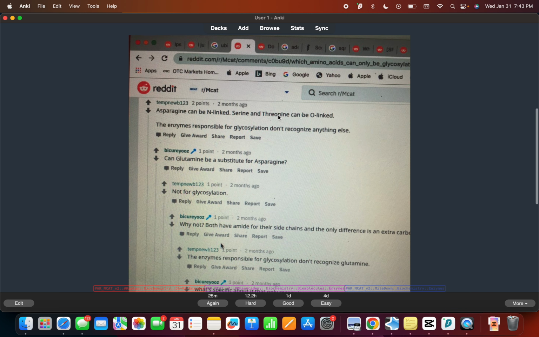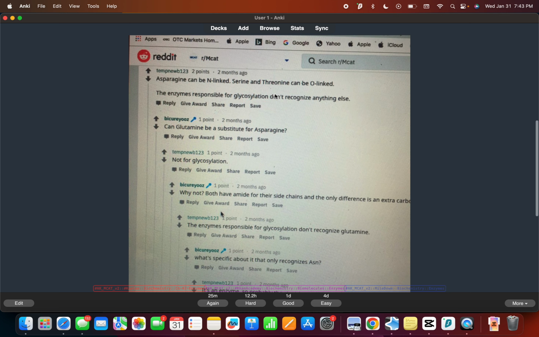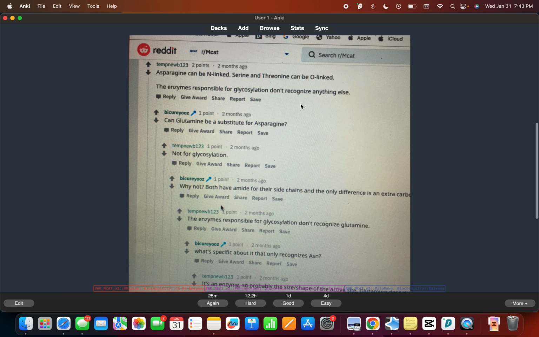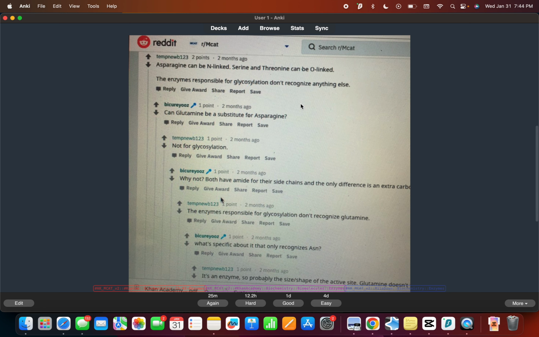We also have this for sugars. Asparagine can be N-linked, serine and threonine can be O-linked. The enzymes responsible for glycosylation don't recognize anything else. Can glutamine be a substitute for asparagine? Not for glycosylation. Why not?